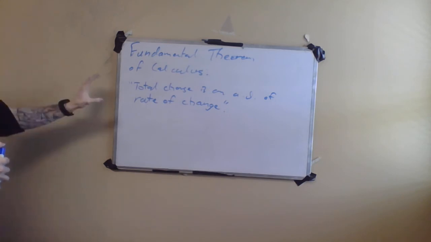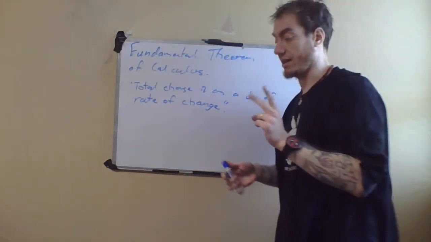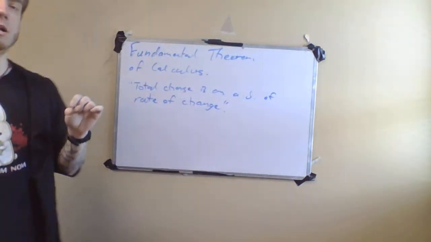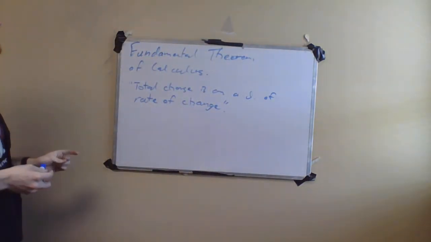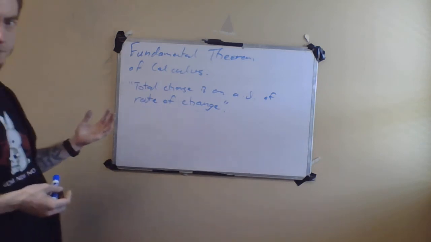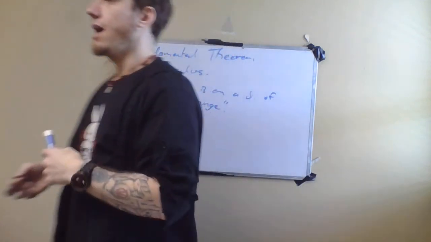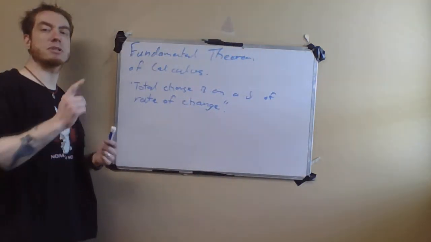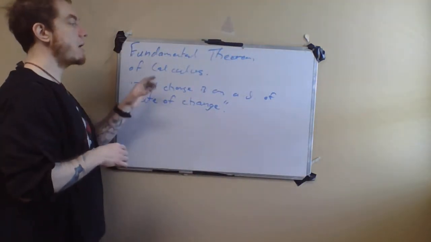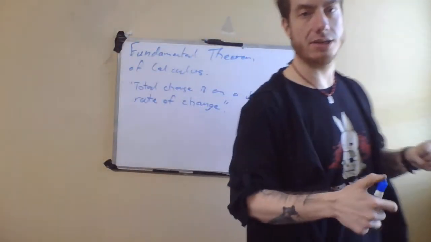But what we're going to do is talk about a couple of different things. First of all, we're going to talk about some properties that we would expect total change to have. And then we're going to talk about how you could make those ideas precise, but also how these properties allow us to prove the fundamental theorem of calculus.